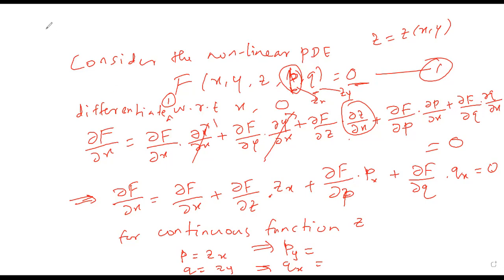So we know that one, no? Let's say p is equal to zx. What is py? So zx of y, no? What is that? How comes it is equal?